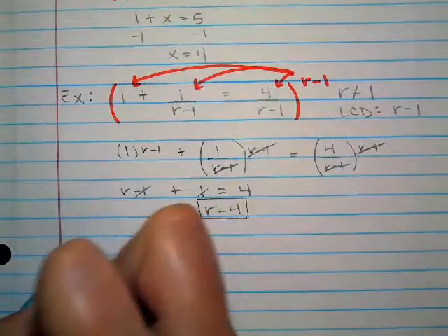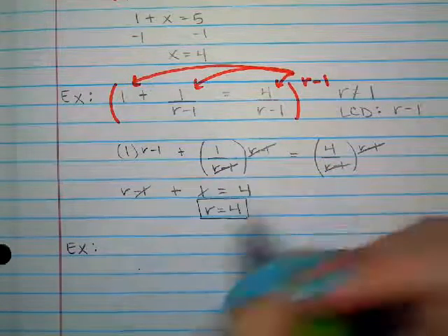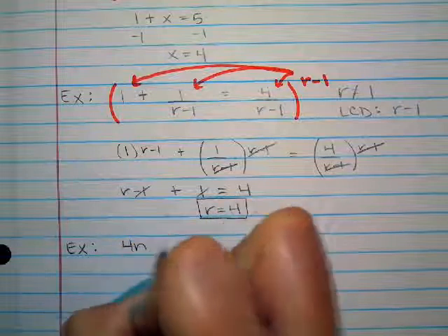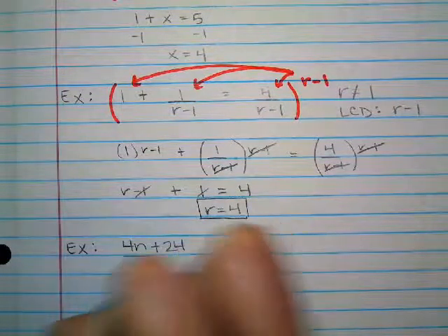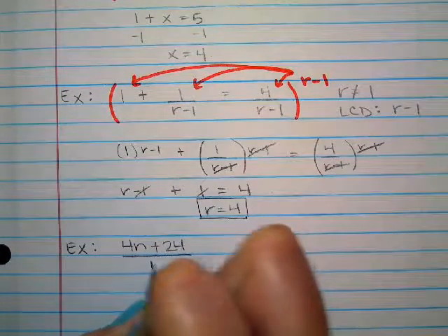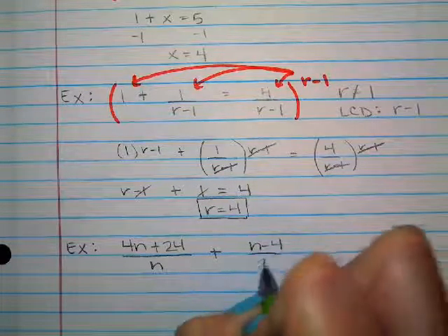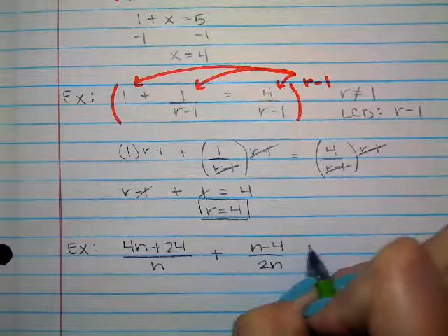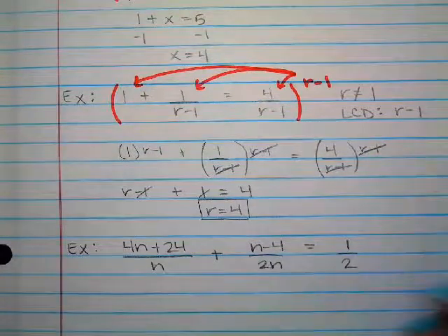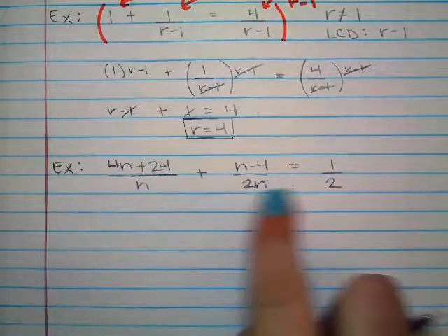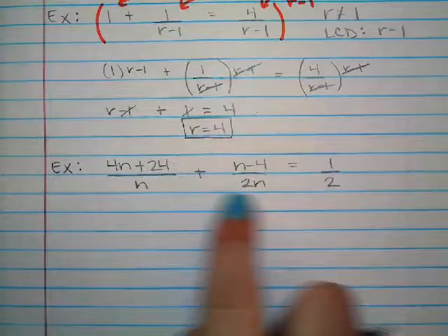All right, example 2. I have 4n plus 24 over n plus n minus 4 over 2n equals 1 over 2. So the very first thing is I'm going to look at my denominators and figure out what my excluded value is.